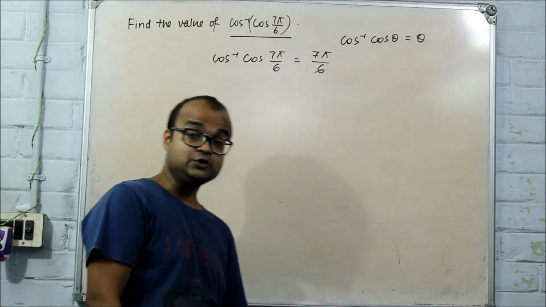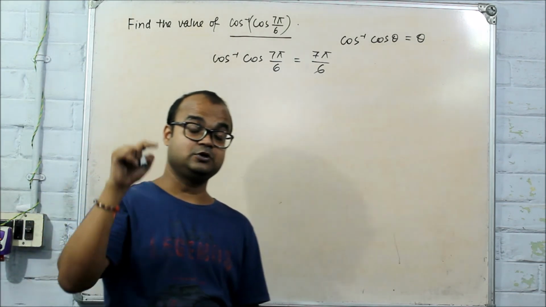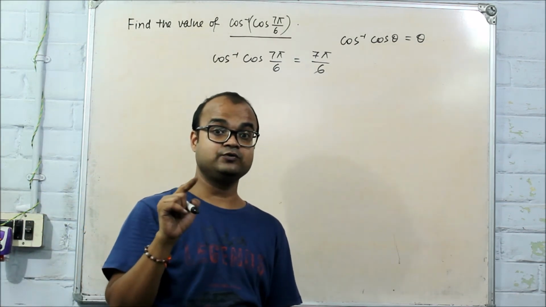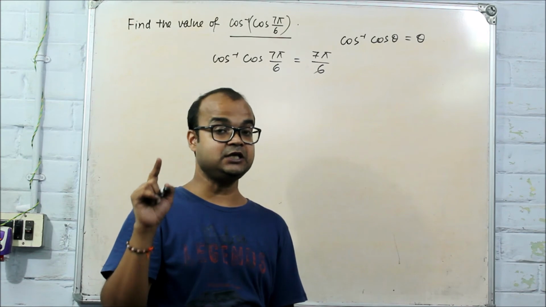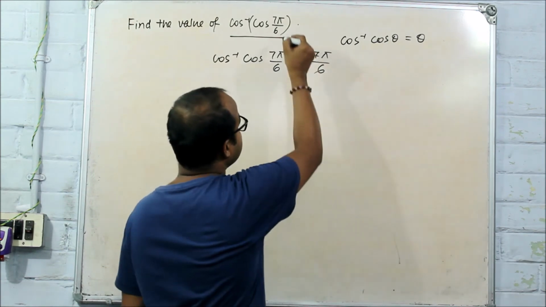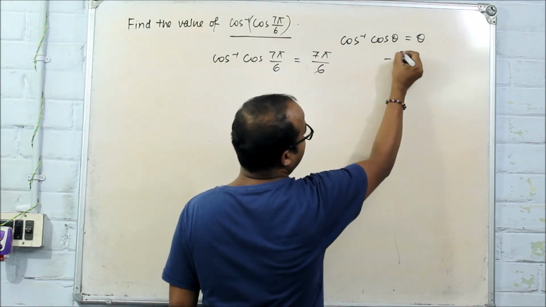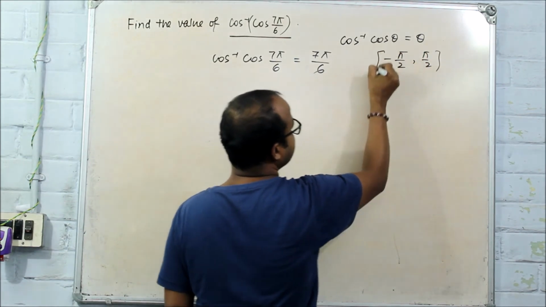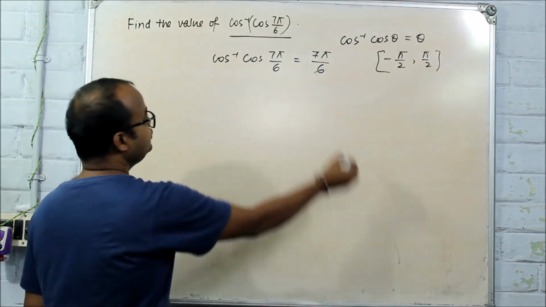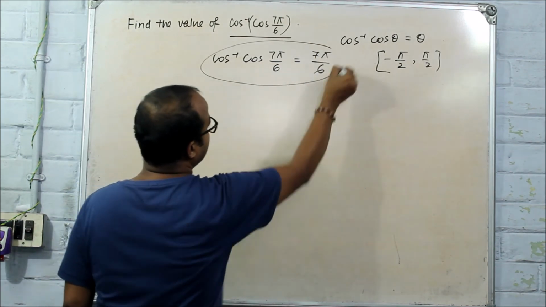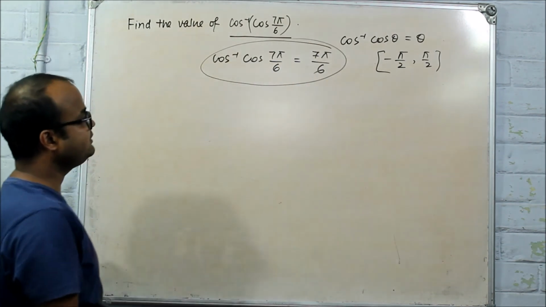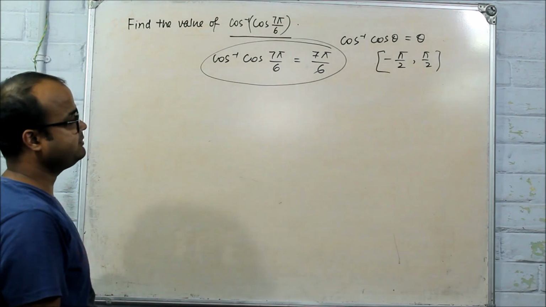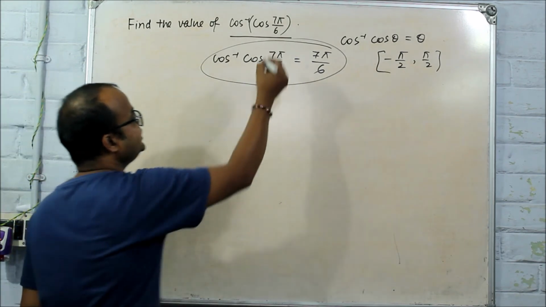No. We need to keep the range of the cos inverse function in mind. The range of cos inverse x is minus pi by 2 to pi by 2 in closed interval. So you cannot write cos inverse cos 7 pi by 6 is equal to 7 pi by 6.